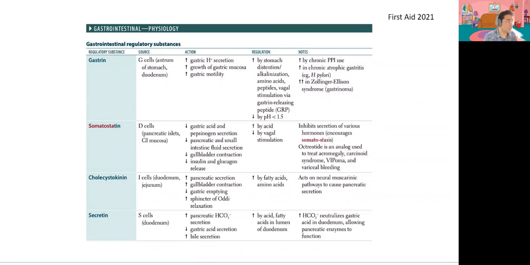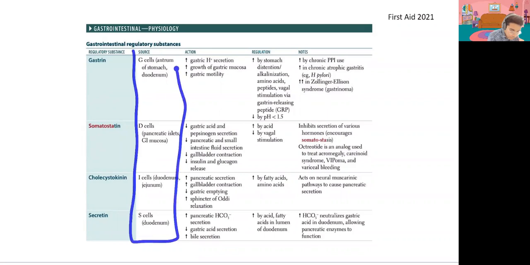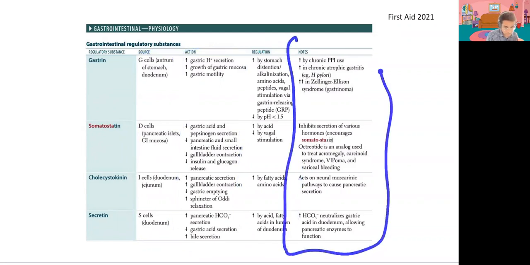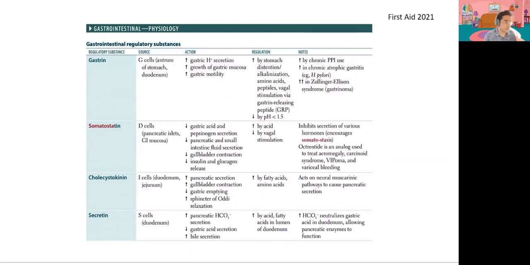There's another form that's released from the D cells, from the pancreatic islets and the GI mucosa. So they have questions on the location. So I would suggest you guys make Anki cards and test yourself on all of this, okay? Not so much the super crazy clinical correlates because some of this is a little too high level for you guys, but make sure you guys go through these.